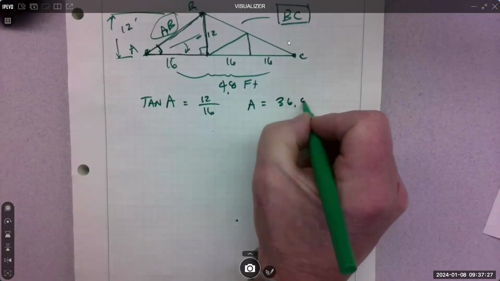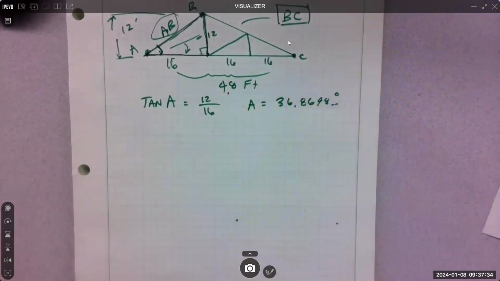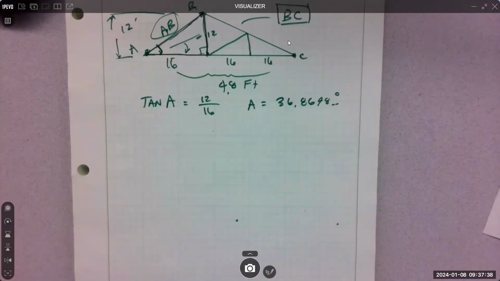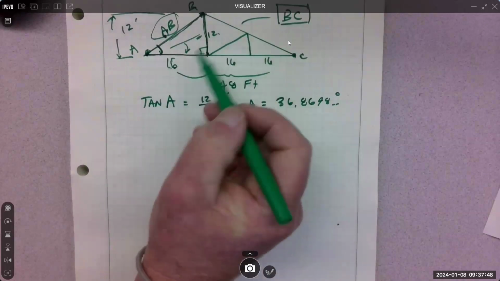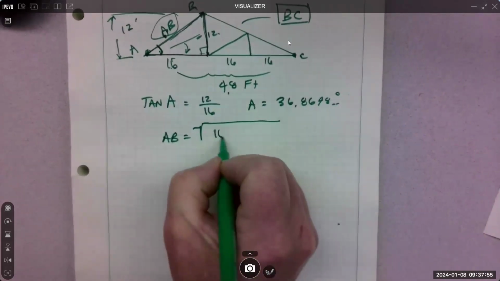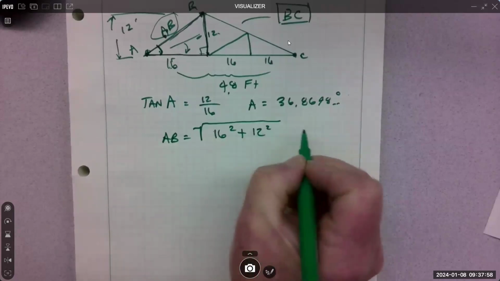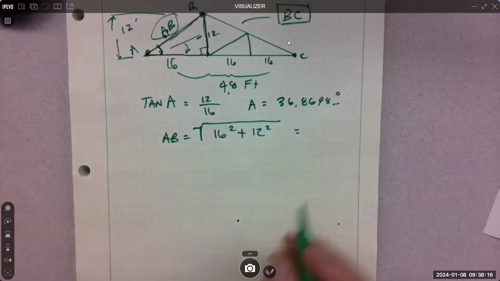Anyone else get that? And then AB. Yeah, we can get that from squaring the 16 and the 12, the Pythagorean theorem. 20.